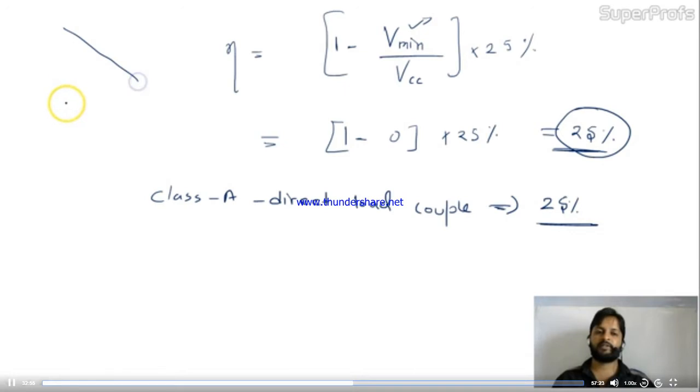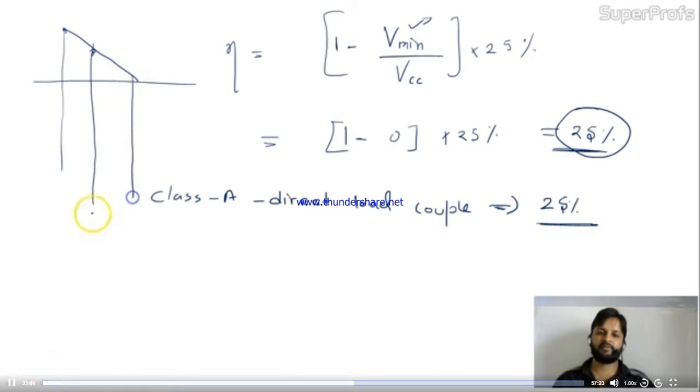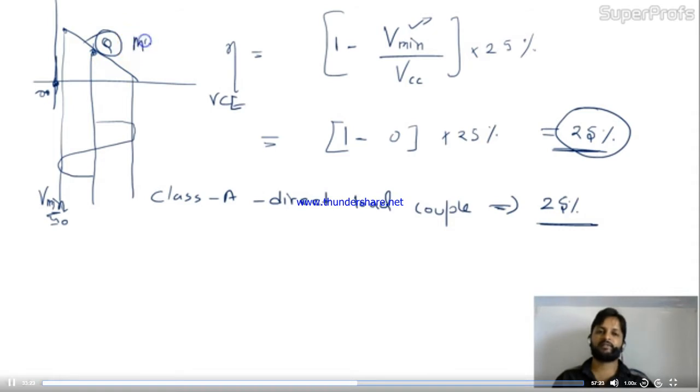Now what does Vmin is 0 mean? If you remember that load line, here at this stage we drew our voltage, it was Vmin. So Vmin was coming near to 0. This is the 0, this is VCE, VCE starting from 0. Vmin is nearly 0, right? And it will be possible only when this Q point is at the middle.